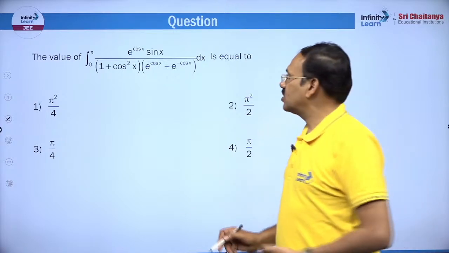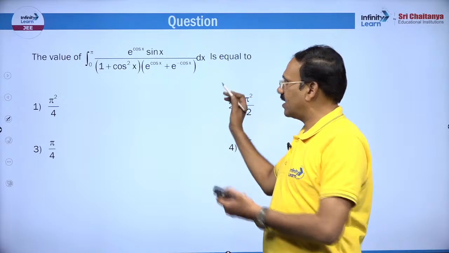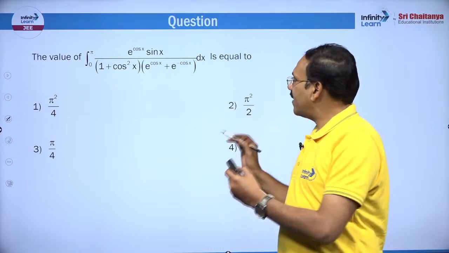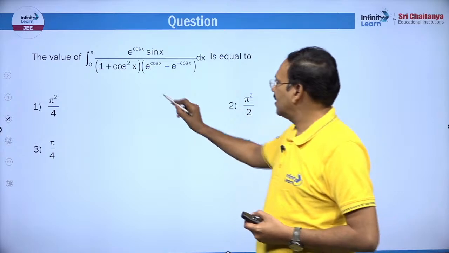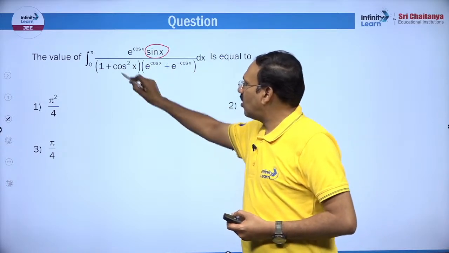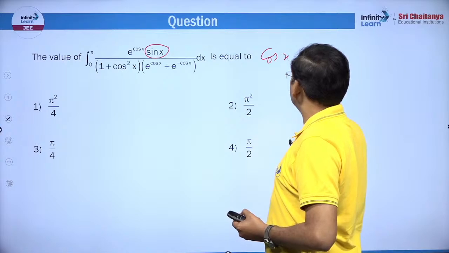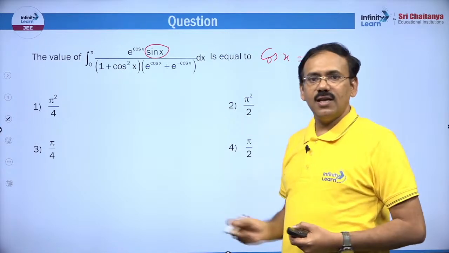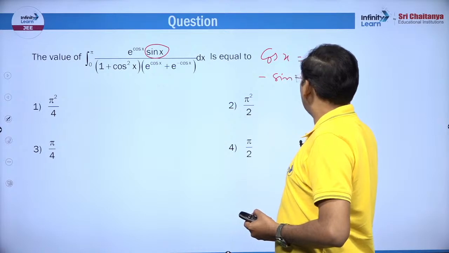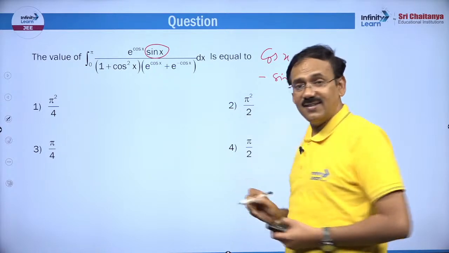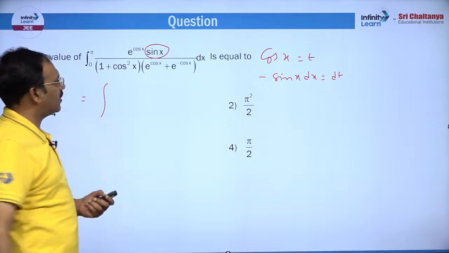You see this question, it is a definite integral of e to the power cos x into sin x divided by the given denominator. Whenever you see this, sin x is here and everything else is in terms of cos x, so why don't you choose cos x equal to t? If cos x is t, then minus sin x dx becomes dt. Now change the limits of this definite integral.